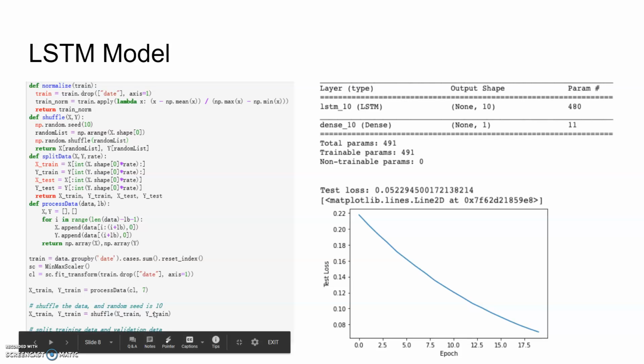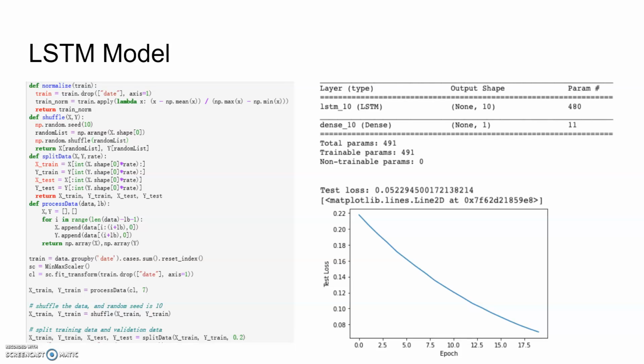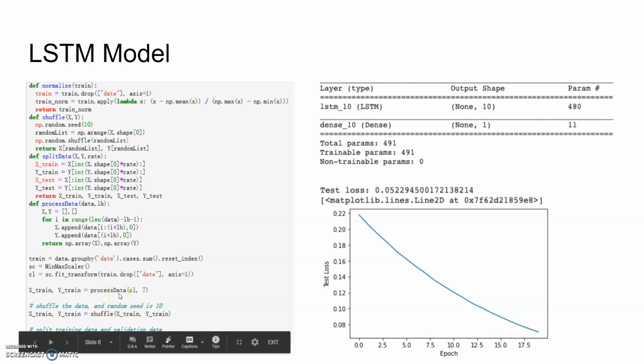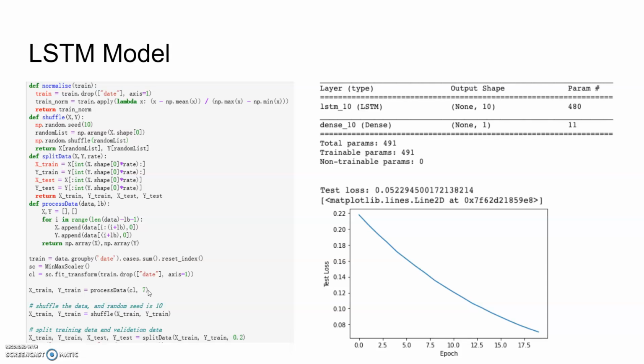And we use the split data function to split the training set and the testing set at a 20% rate, which means of a total of 100 days, 80 days are the training set and 20 days are the testing set. Also, we use the process data function to process the training set in 7 days, which is a week.